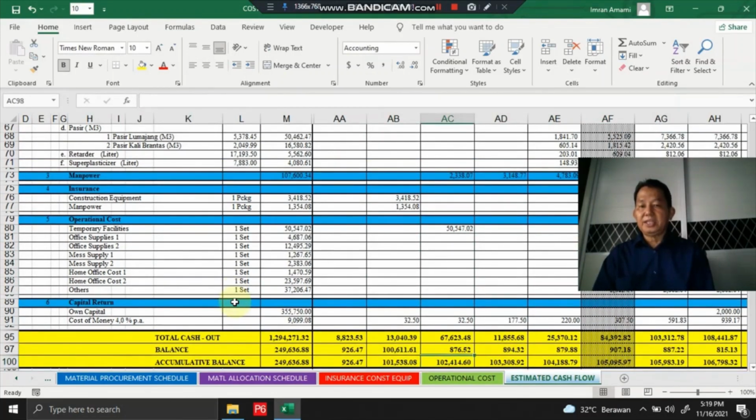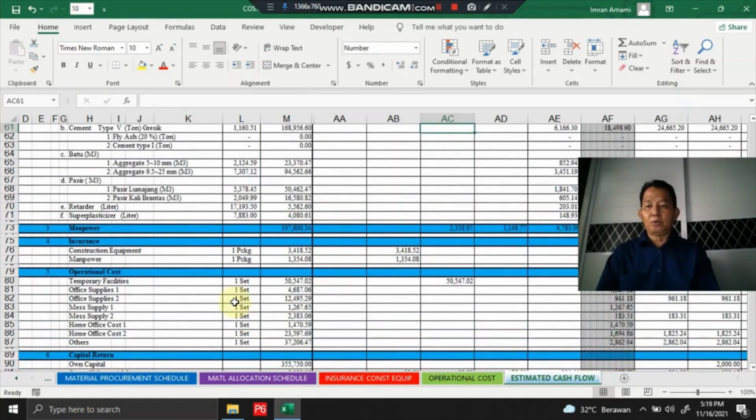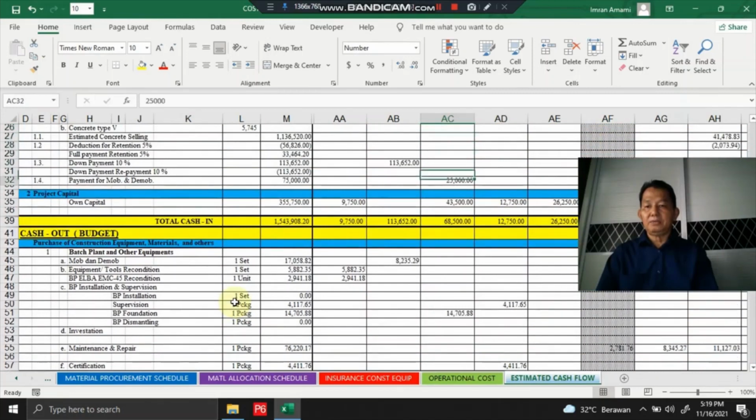This is any capital return, the cost of money. We calculate the project capital or company capital and return it back as a cost of money.